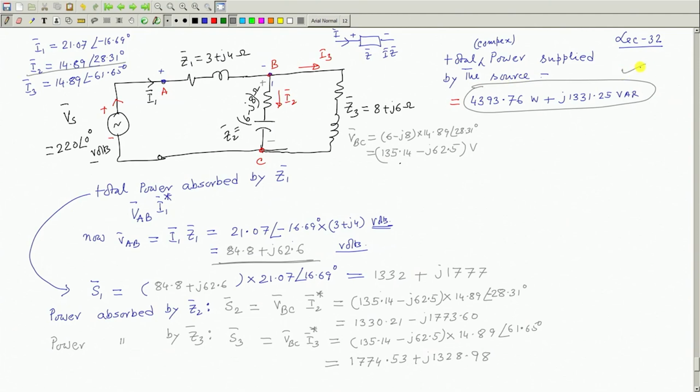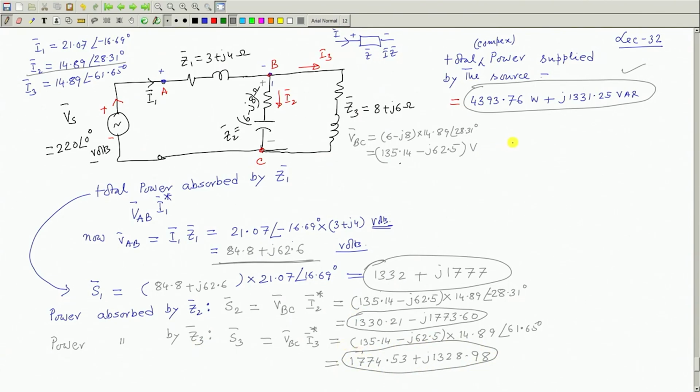I am now putting some circles around them. Power absorbed by Z1 is this one, power absorbed by Z2 is this one, and power absorbed by Z3 is this one.